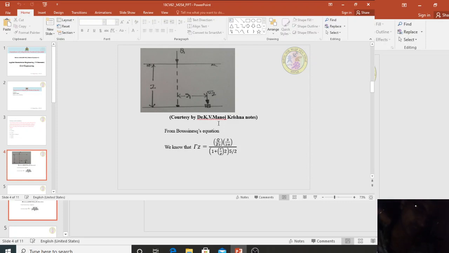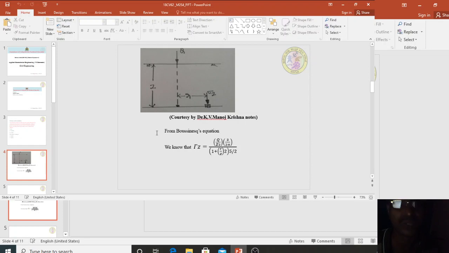So the Boussinesq's equation, if you want to use, means you have to draw the figure. That is Q value, at a depth Z you have to calculate sigma Z below the loaded area is case 1. Sigma Z at a distance of R from the loaded axis.